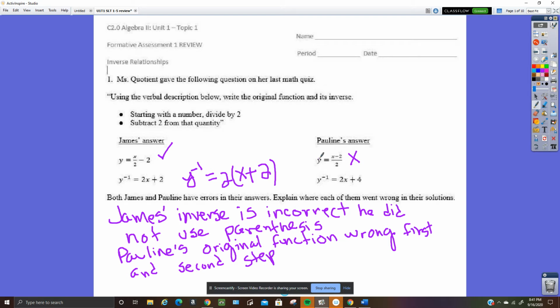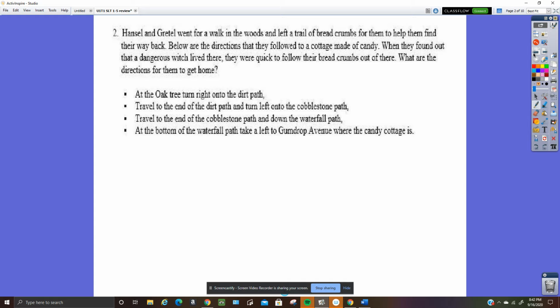She did subtract 2 first and then divided by 2. So wrong order. Okay. Going on to the next problem.